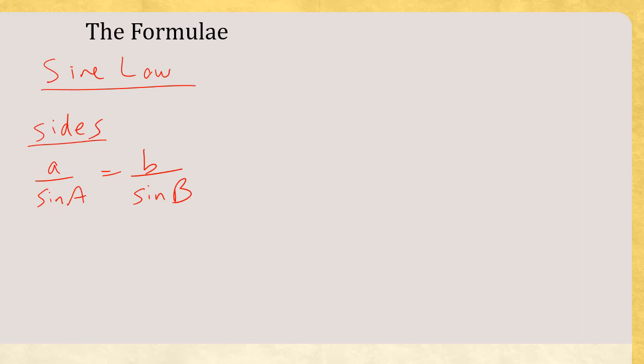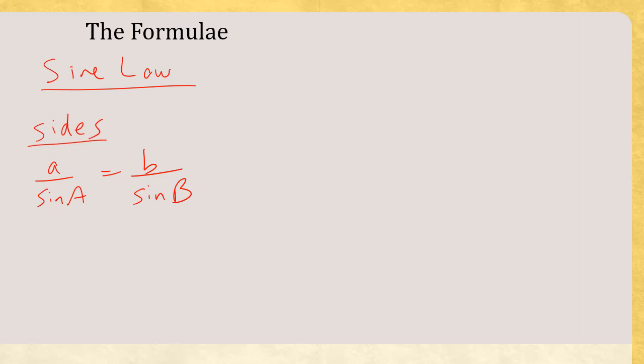Don't get rattled by the letters if the triangle doesn't have A and B in it, right? Doesn't matter. But what you should notice is the patterns. So when you're looking for a side length, you have side lengths on top. How do you know those are side lengths? Remember, going back to labeling a triangle properly, all side lengths get labeled with a small or lowercase letter.